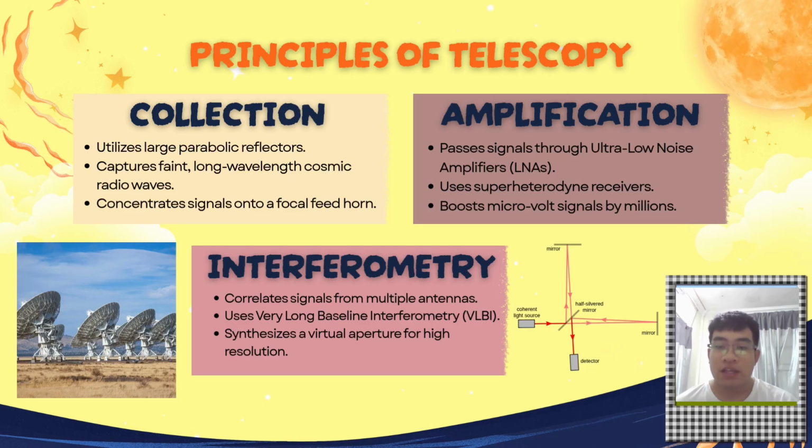Finally, interferometry combines signals from multiple antennas. Using techniques like VLBI, astronomers create a virtual telescope with much higher resolution than a single dish. So, these principles allow radio telescopes to observe distant objects and uncover more details about our universe.